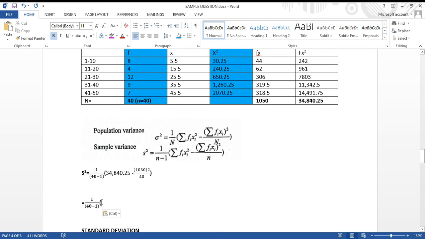So in our numerator here, what we're going to have is 34,840.25 minus, we've already done this calculation, 27,562.5. So that is how our operation is looking.